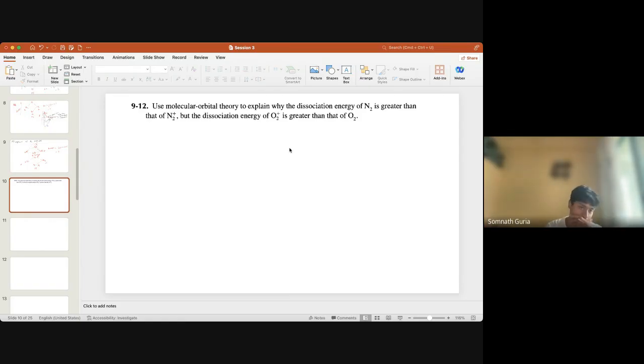It is super easy. Just consider the bond order and the MO diagram. So what is the bond order?